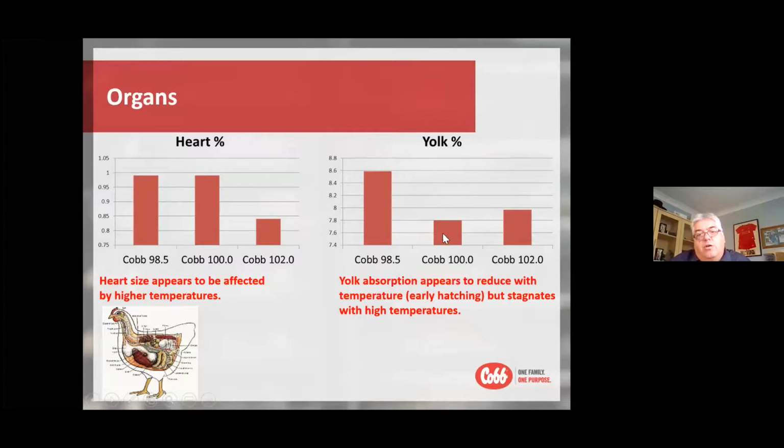The normal temperature chicks hatch earlier than the low temperature, and we've got a good absorption rate. The high temperature chicks also hatch earlier than at 100 degrees, but the absorption rate is not as good, because sometimes the chick is utilizing its reserves to control temperature rather than absorbing that yolk.